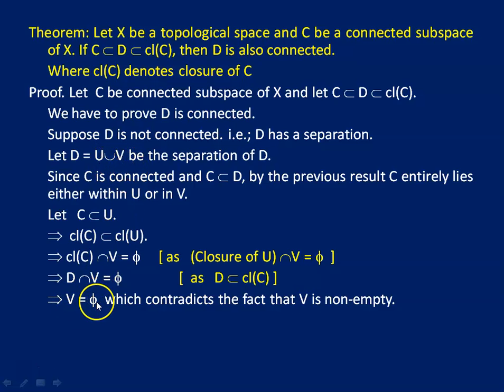Here we have V is empty, which is a contradiction. If V is empty, that means we cannot write D as U union V, where U and V are two disjoint non-empty open subsets. Therefore, D is connected. So what we have seen here: if X is a topological space and C is a connected subspace of X, if D lies in between C and closure of C, then D has to be connected.